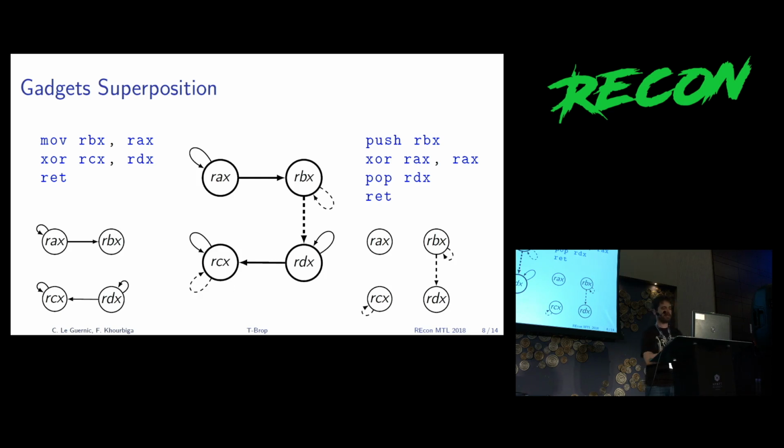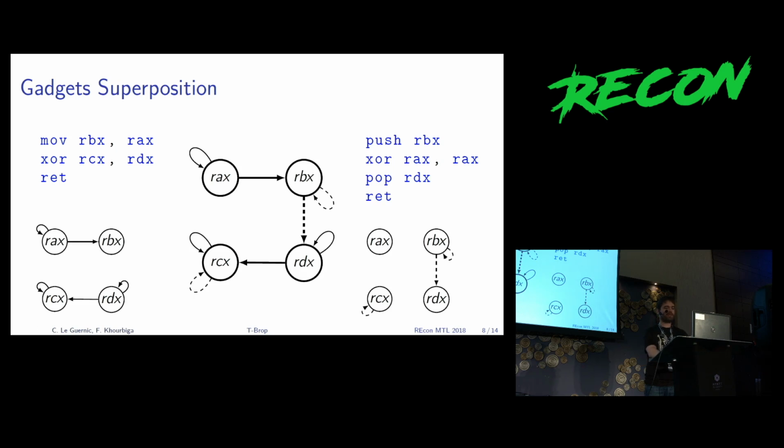And the interesting thing is that then I can see that there's a path from RAX to RCX that goes through a full arrow, which means a gadget on the left, then a dotted arrow, gadget on the right, and a full arrow, gadget on the left. So even though none of the gadgets allows you to influence RCX from RAX, by combining them first left, right, left, you can have a chain that gives an influence from RAX to RCX.